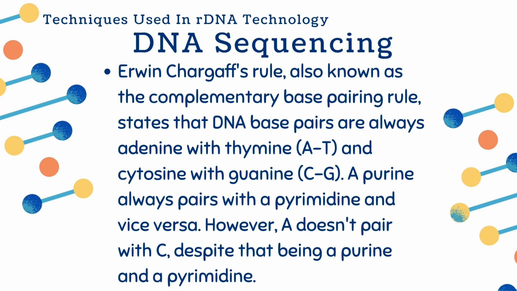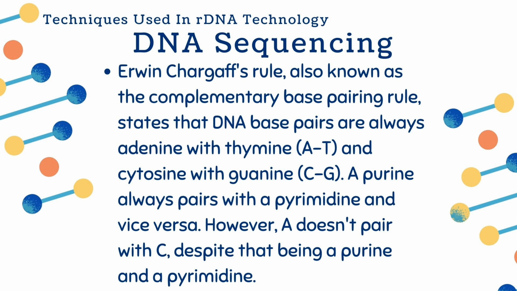This matching is called complementary base pairing, and it means that adenine, A, always pairs with thymine, letter T, and cytosine, C, always pairs with guanine, letter G. It is important to note that purines, which are larger molecules, tandaan nyo yun, will only pair with pyrimidines, which are smaller molecules.